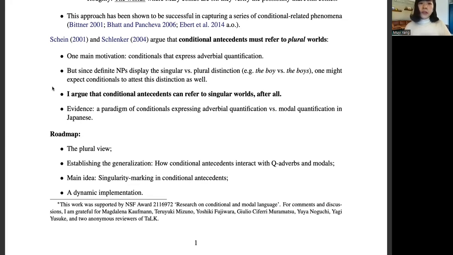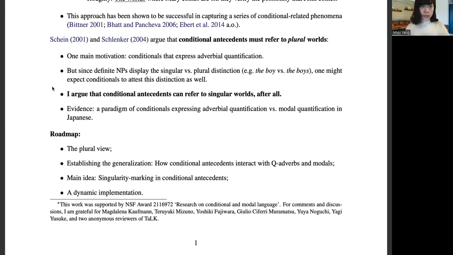Because we have this distinction in the nominal domain, under the referential analysis, we would expect conditionals to attest this distinction as well. And this is exactly what I'm going to argue today, namely that conditional antecedents can refer to singular worlds after all. The main evidence comes from a paradigm of conditionals expressing adverbial quantification and those that express modal quantification in Japanese.